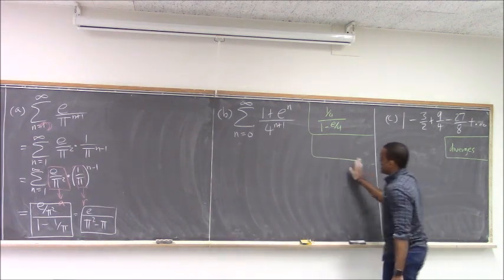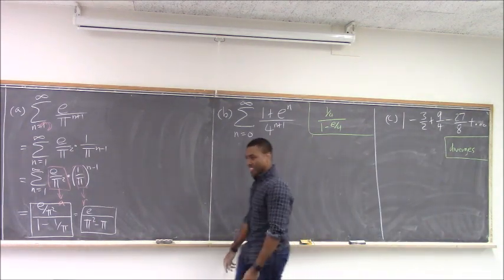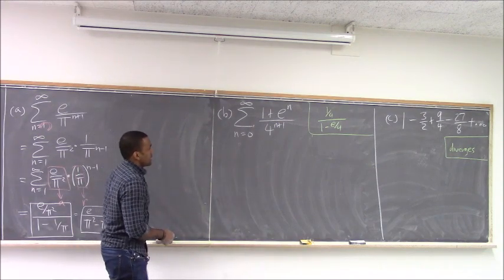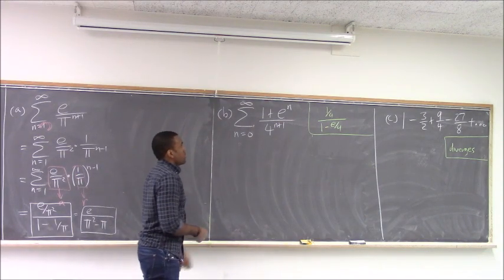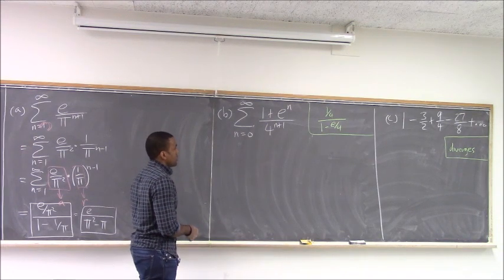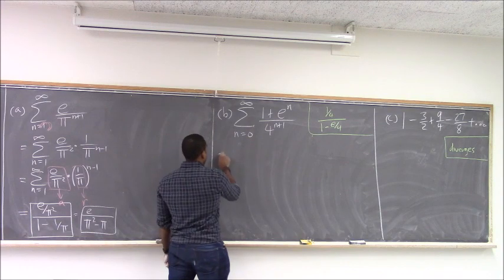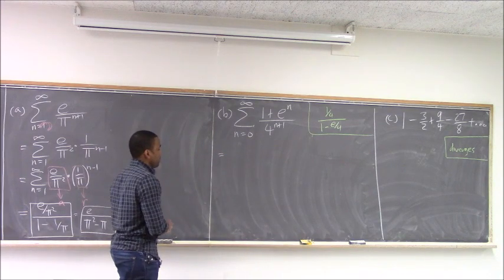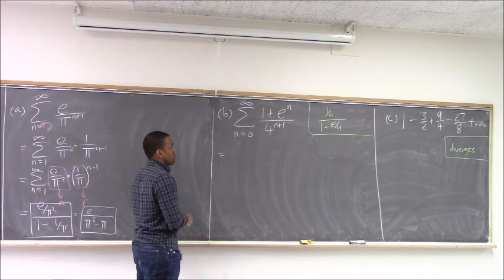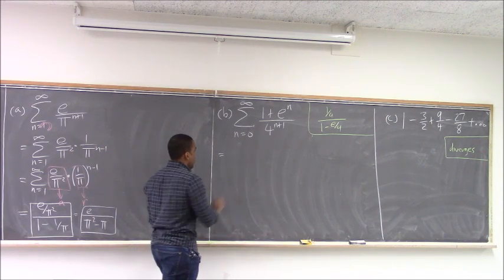All right, so what do we do here? We want to get it in the form of A times r to the n minus 1, right? So how do you get it in that form? I first broke it into fractions and then pulled out the fourth.